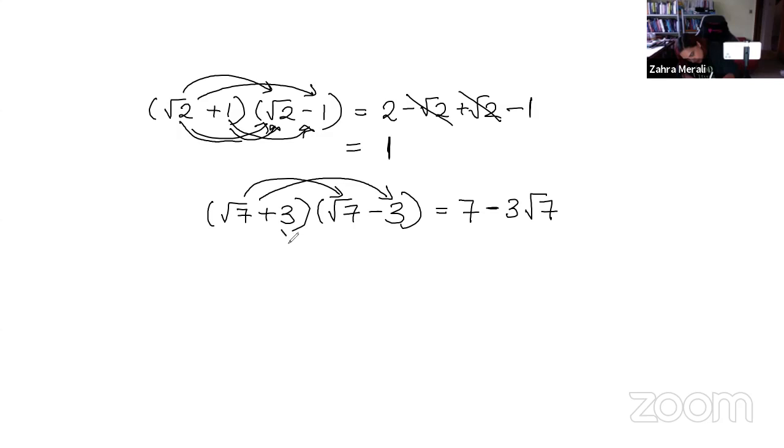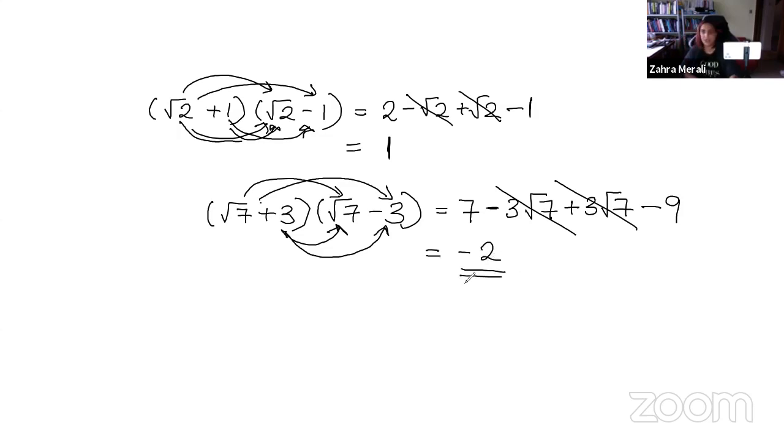Then this times this, 3 times root 7 to give us 3 root 7, and then 3 times minus 3 to give us minus 9. What you notice again is that these cancel, and you're left with 7 minus 9, which is minus 2. So whenever you have something like that, you cancel it out.